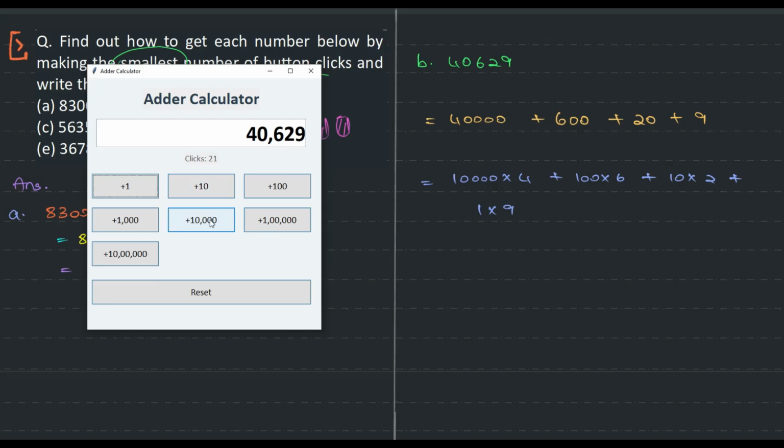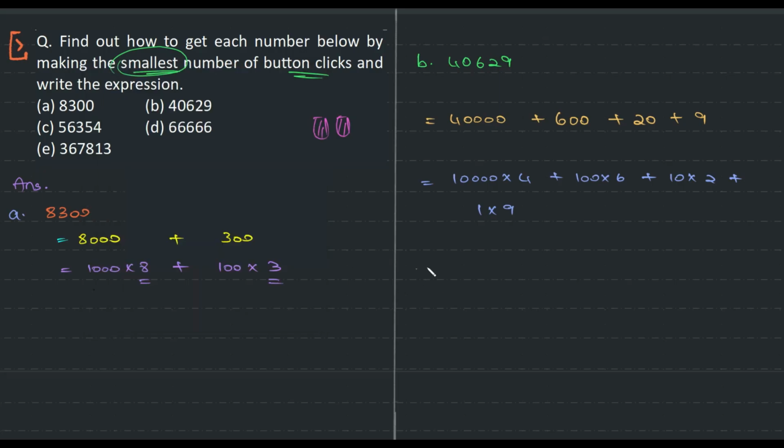See, basically I went from 10,000, then 1000, then 100, then 10, and then 1. So it has to be so. Start from the highest possible button you can press and then go to the next lowest, so on and so forth. That's another way of thinking about it.